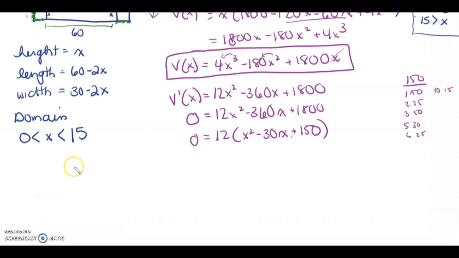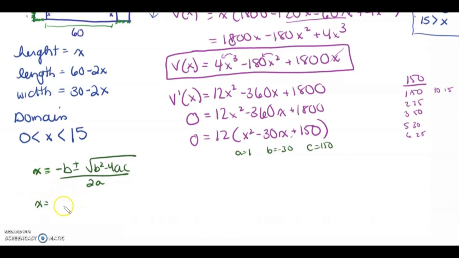We have to include quadratic formula. So we're going to go x equals negative b plus minus the square root of b squared minus 4ac all over 2a. There's no other way to solve for these x's. Okay, so our a value is 1, our b value is negative 30, and our c value is 150.